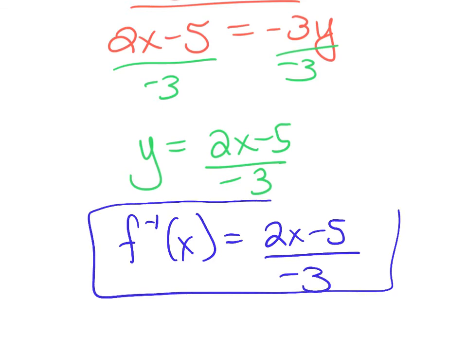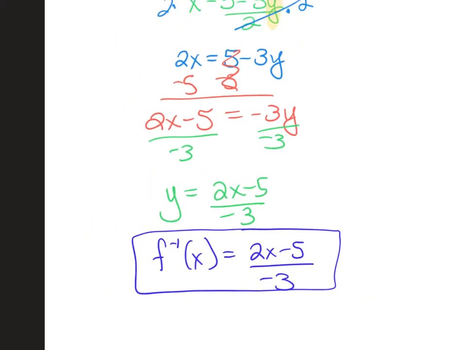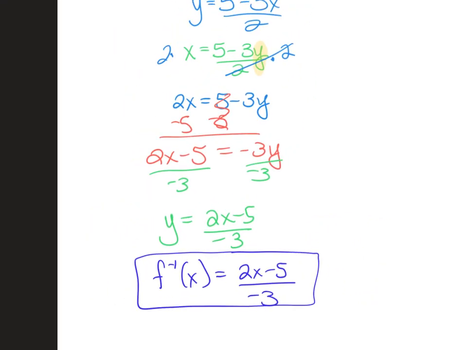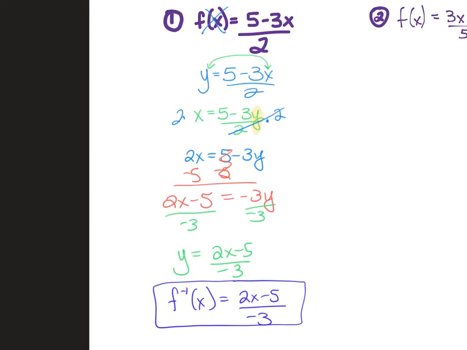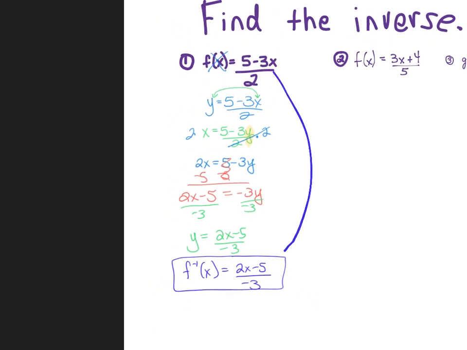Now, I told you guys at this point, a lot of you like to check, which is fantastic. You can do kind of an informal check here. Compare your original to your inverse. Okay, let's talk about it for a second. Look at each piece separately. Right here, I have a positive 5. What do I have down here? -5, okay?